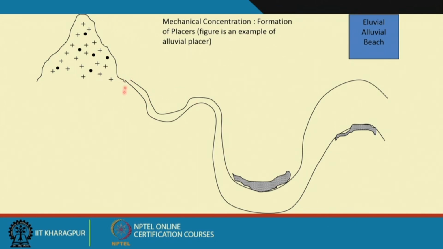In the juvenile stage there is active transportation and hardly any deposition taking place. This represents the mature stage of the river, where it is meandering, and this is very common knowledge in any textbook of physical geology where the river cycle is shown.